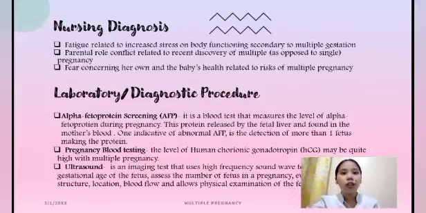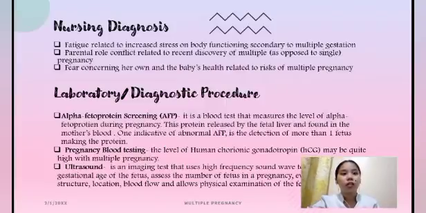One indicator of abnormal AFP is the detection of more than one fetus making the protein, so if the AFP level is high, it indicates more than one fetus making the protein. Next is the pregnancy blood testing. The level of human chorionic gonadotropin, or HCG, may be quite high with multiple pregnancy.